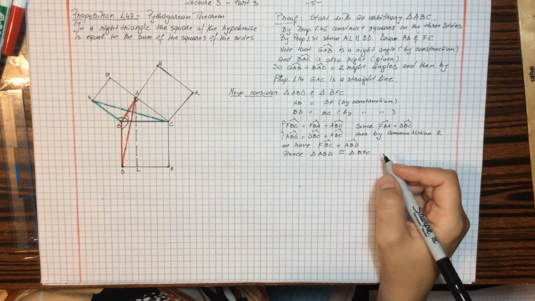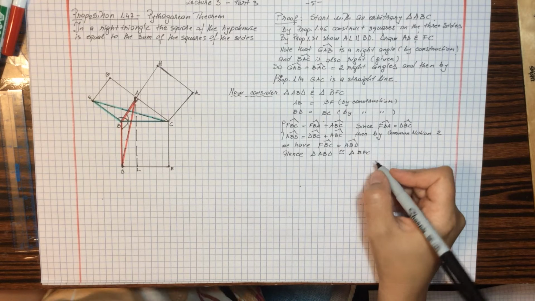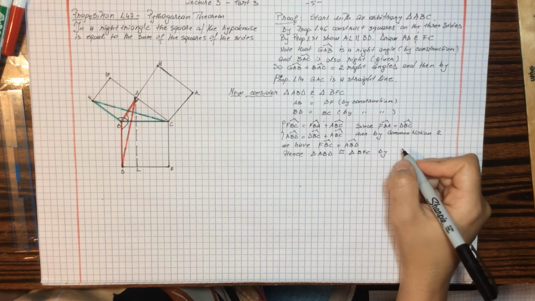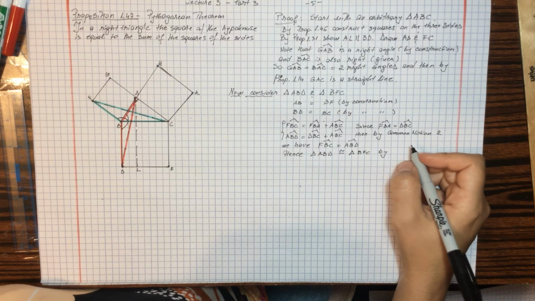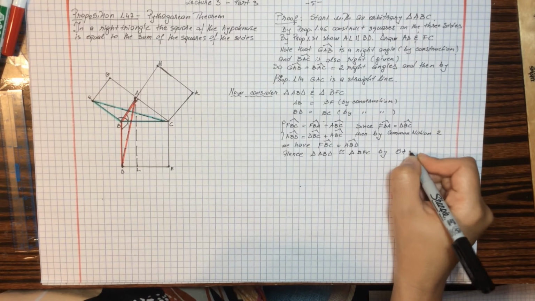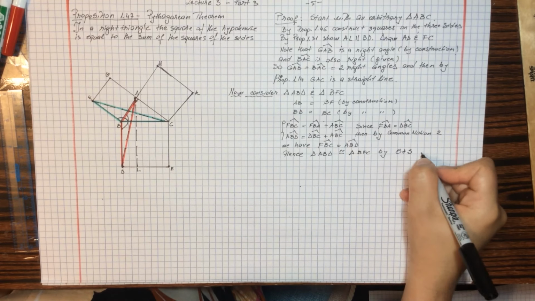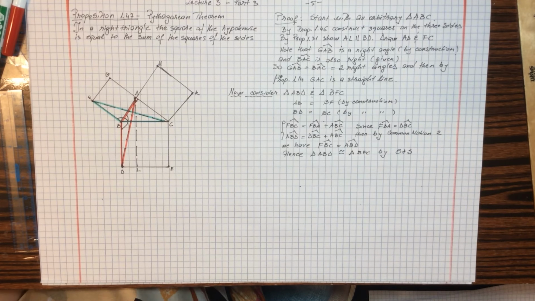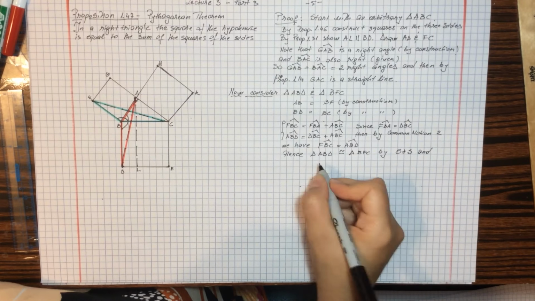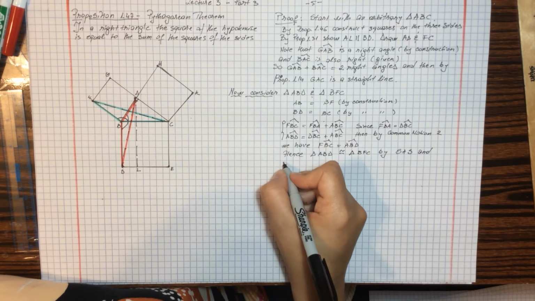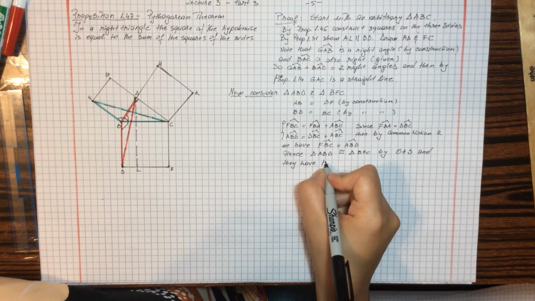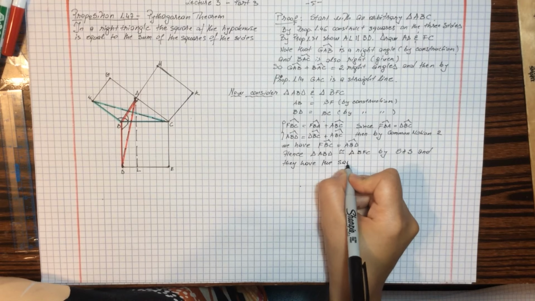Side angle side. And therefore, since they are congruent, they have the same areas.